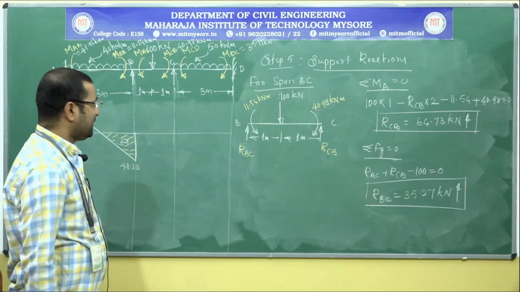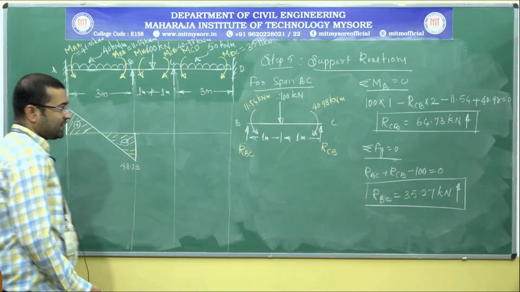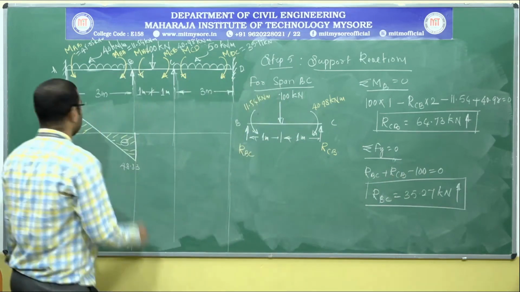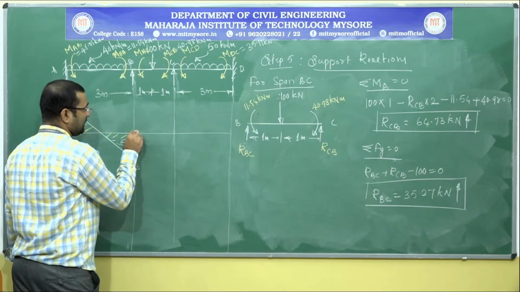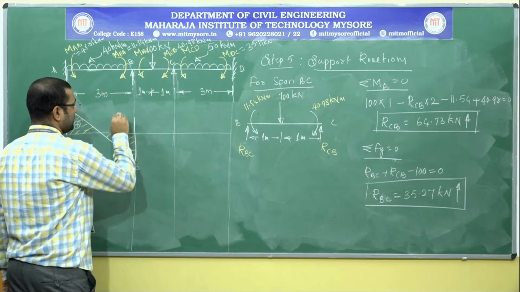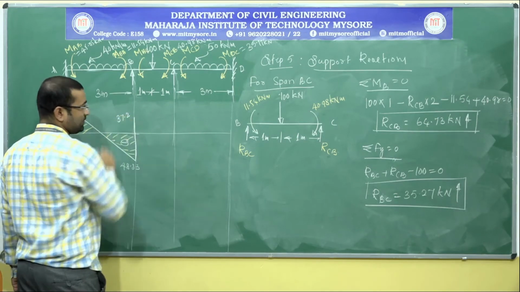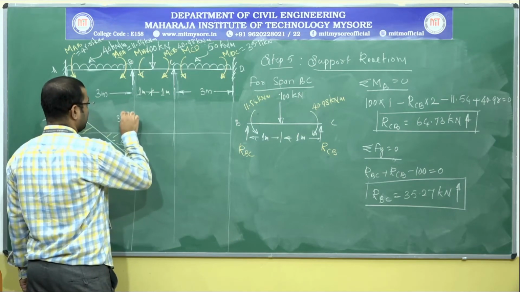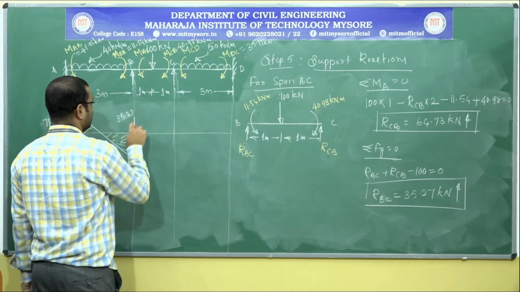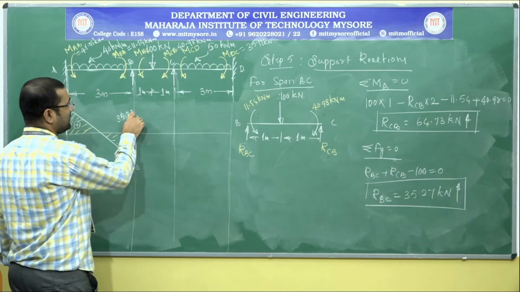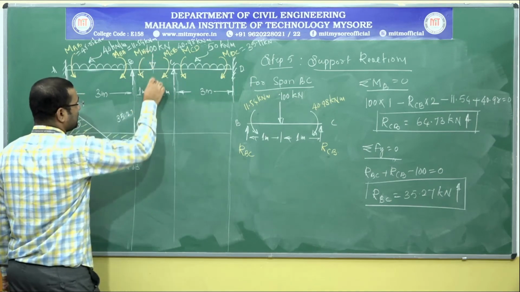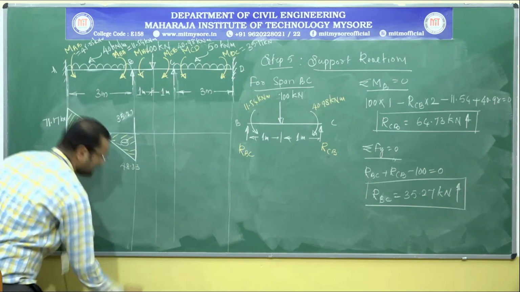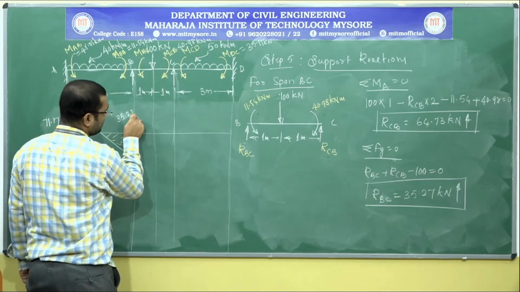With the help of this, let me draw the shear force diagram. RBC is 35.27, so let me take this RBC vertically upwards. After that, till this point we don't have any load, so let me maintain a constant shear force.